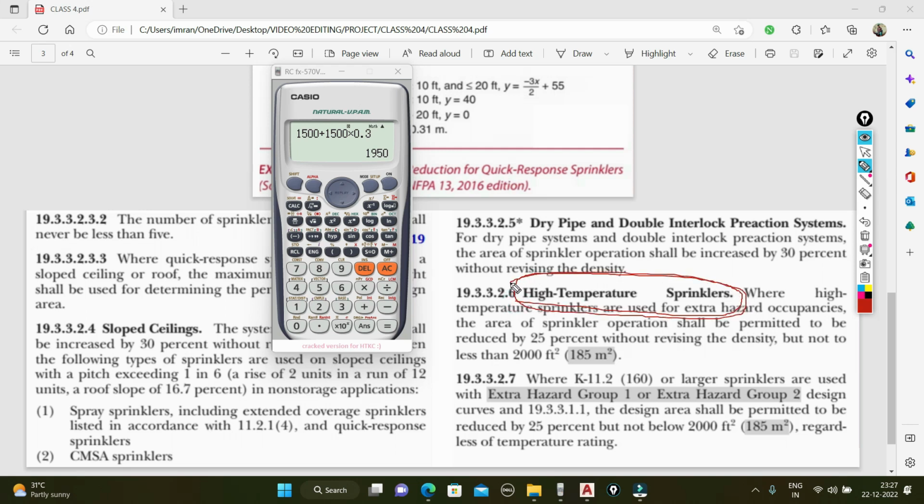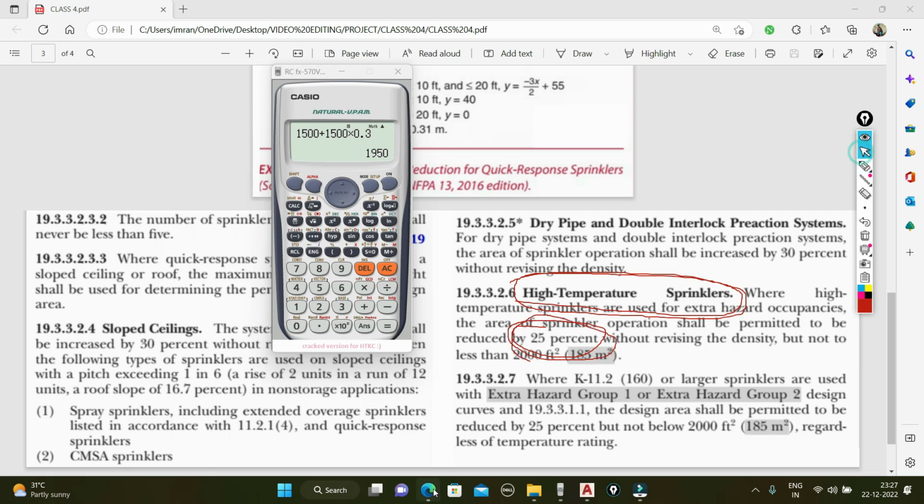High temperature sprinklers we use in extra hazard. If we are going to design an extra hazard system, then without revising the density, we will reduce the area of operation by 25%.